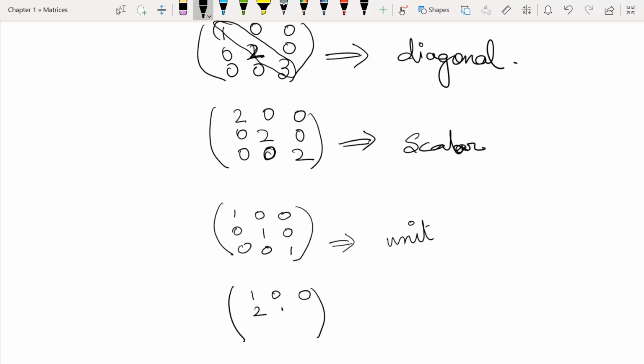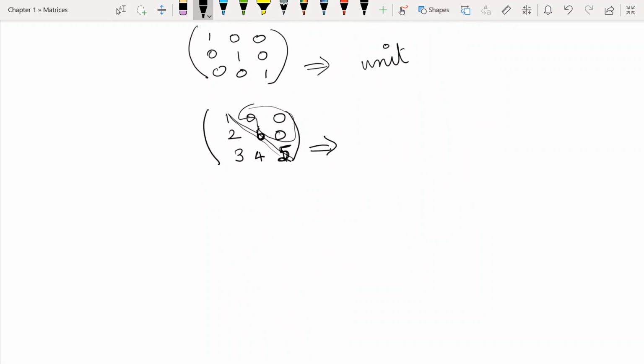Here I'll have 2, 1, 0. Let's say 3, 4, 1. Or it could be any other element also. It could be 5 here, it could be 6 here also. See, all the elements above the leading diagonal are 0. Now this is an upper triangular matrix.